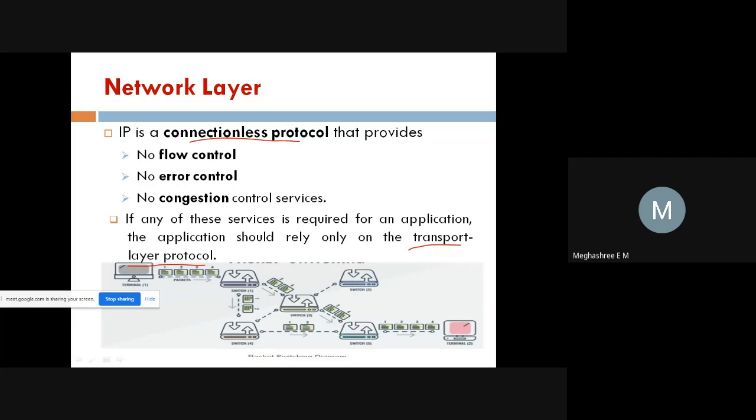My data is divided into 4 packets, and I want to deliver the data from this end to this end. There exist multiple paths. One path is this one, another path is this one. So a set of packets, say 3 and 4, follows this path, whereas 1 and 2 follow this path, right?